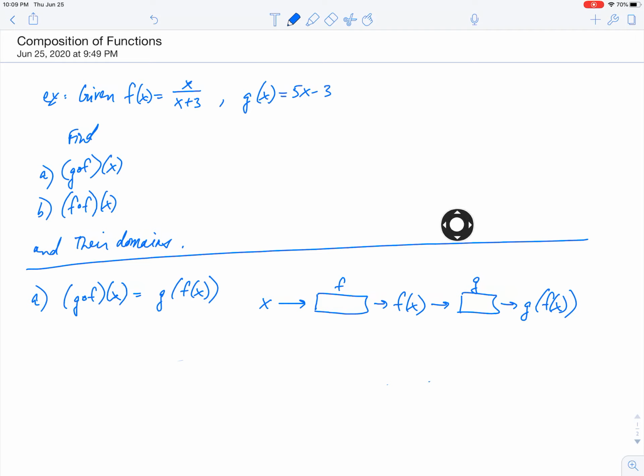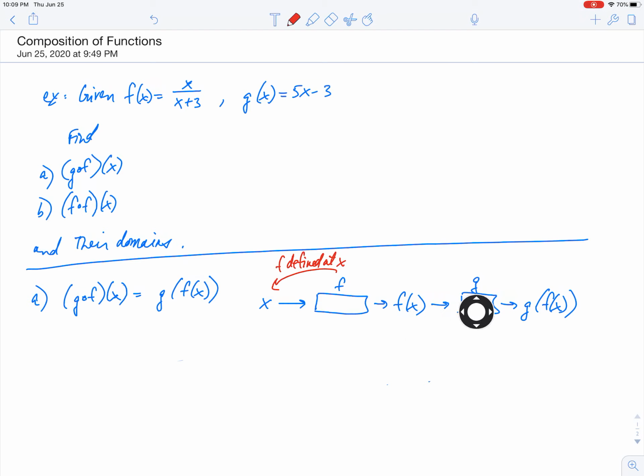So the reason I wanted to write it like this is I wanted to point something out. Let me change colors here. So f, I'm plugging x into f, right? So f has to be defined at x, because we're plugging x into f. Now for the next one, we're not plugging x into g, we're plugging f of x into g.